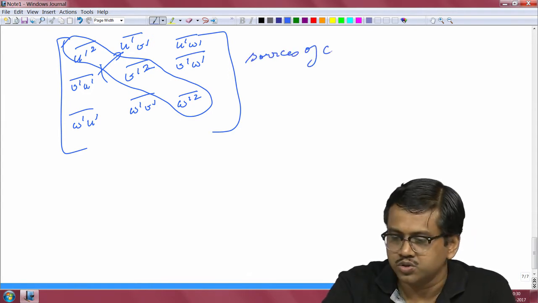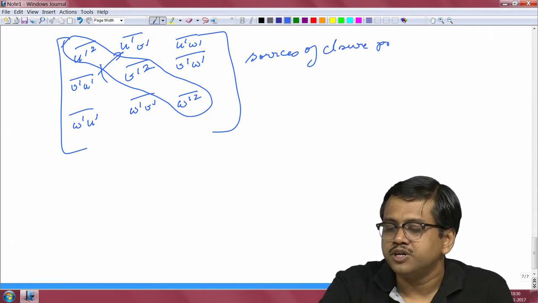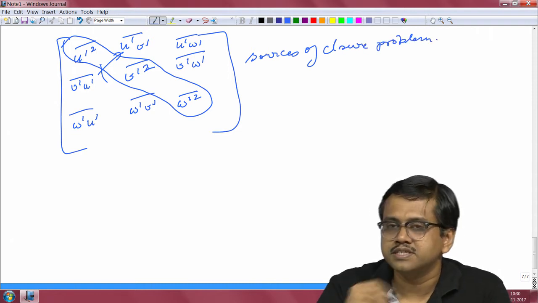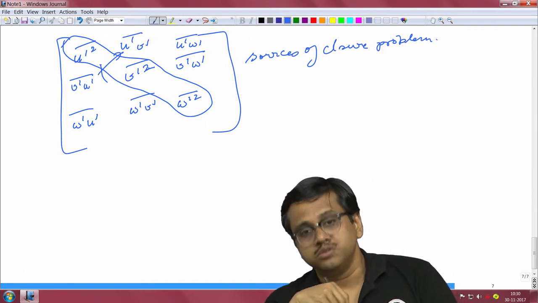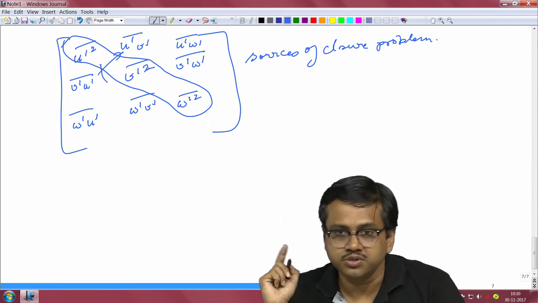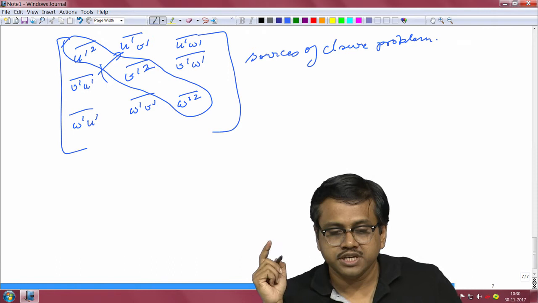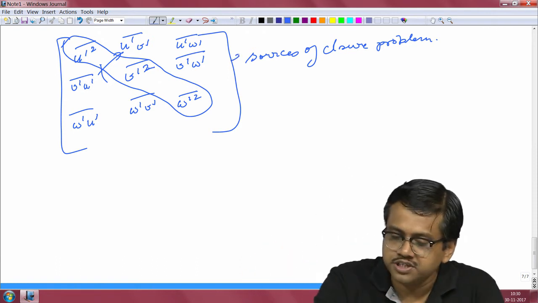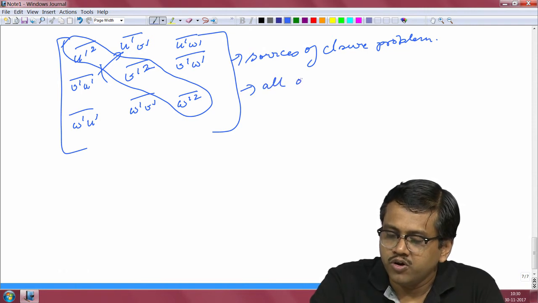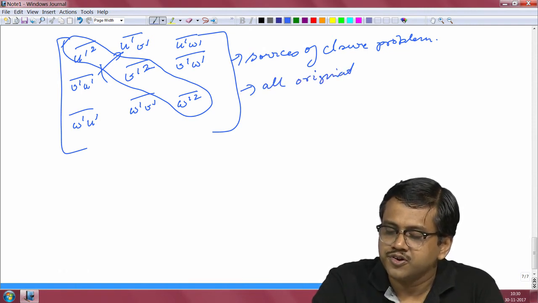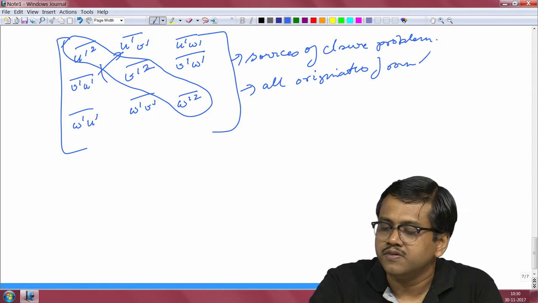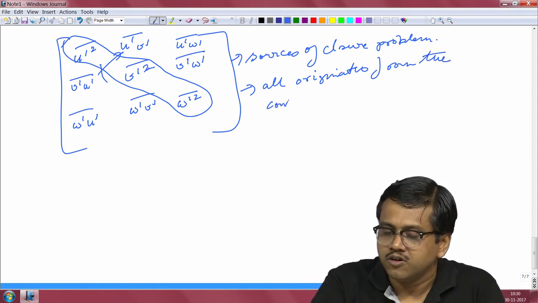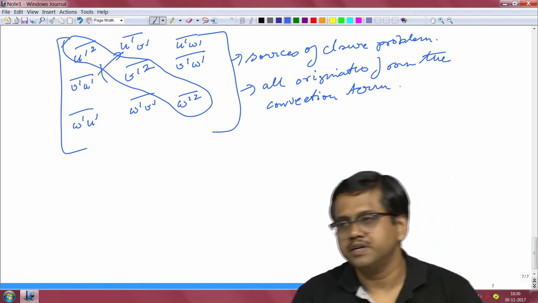Okay. So, these are the sources of the closure problem. So, when somebody tells you about the closure problem, this comes only if you do the averaging, not due to anything else. Once you do the averaging, and what are the sources of them? They all have their origin from the convection term, right.